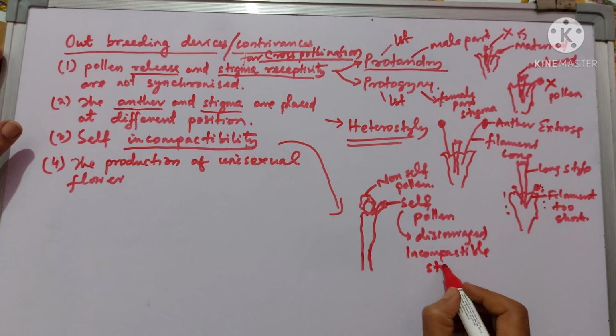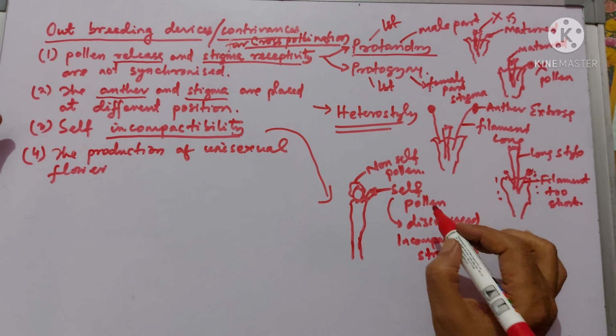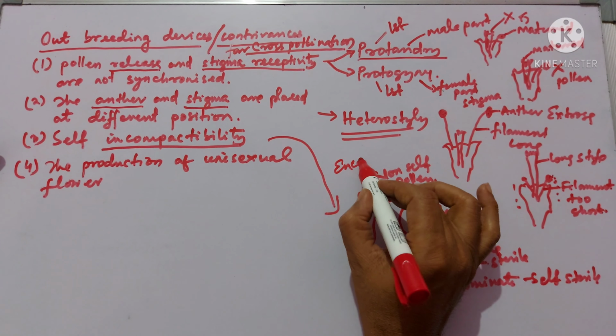The stigma is sterile to self pollen. So the self pollen cannot germinate because of the self sterility, or the pollen tube cannot develop, but the non-self pollen is encouraged.